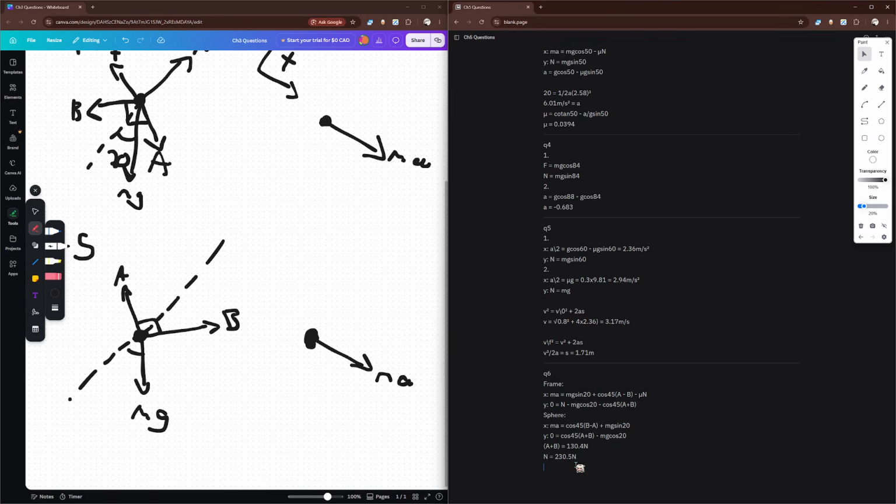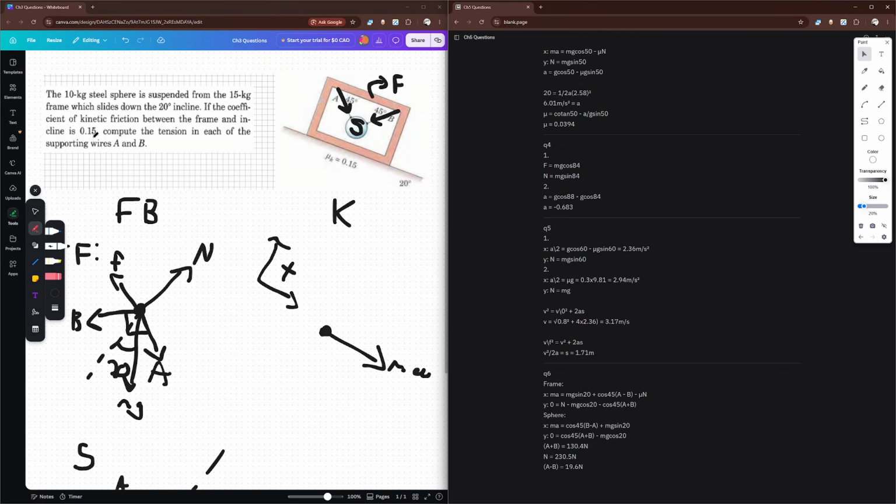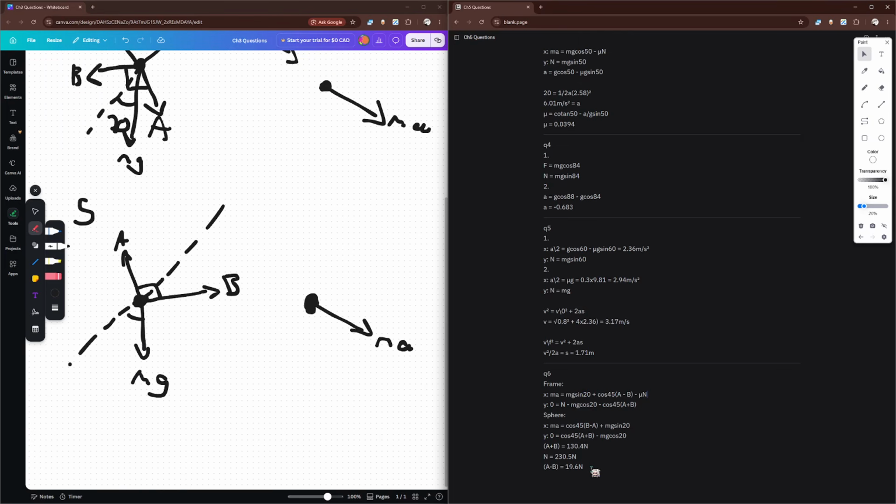But we get that a minus b is equal to 19.6 newtons using this equation here, because we know everything. And then we have two unknowns, two equations, so it's solvable.